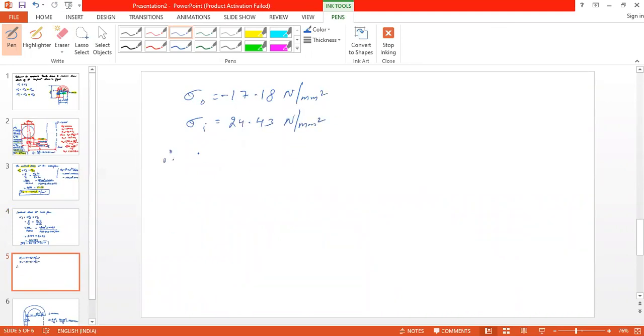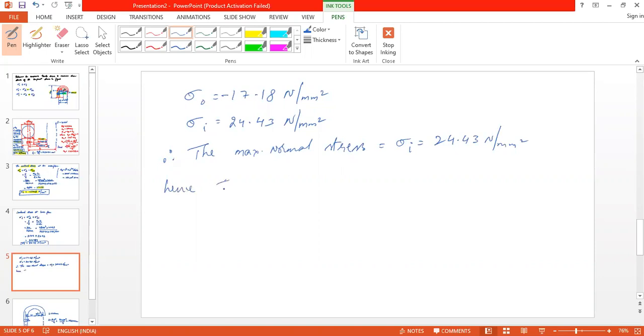Okay. Therefore, the maximum normal stress is equal to sigma I, that is 24.43 Newton per mm square.